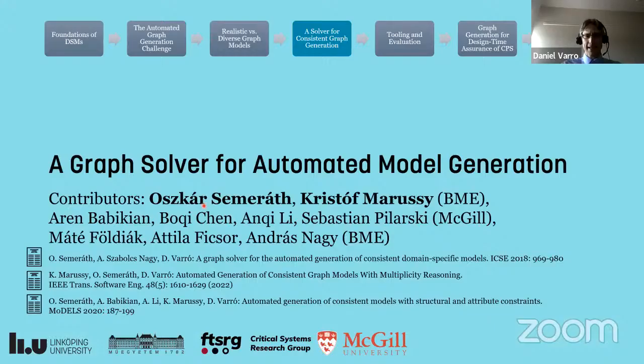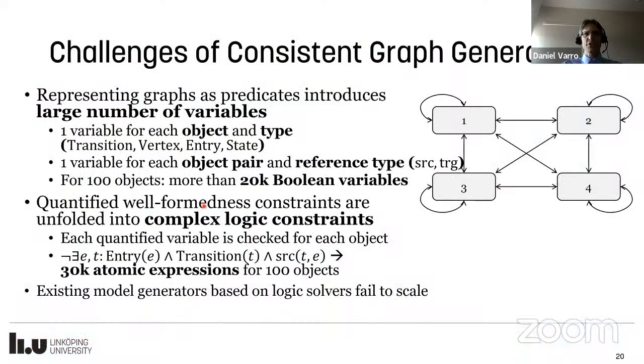And then, as the next stage, I would like to get to the challenge of generating consistent graphs. As I mentioned, conceptually this is very straightforward. You can represent graphs as predicates by introducing a large number of variables. For instance, you introduce one Boolean variable for each object and type, like for transitions, vertices, entries, and states.